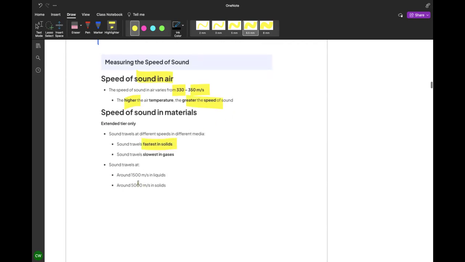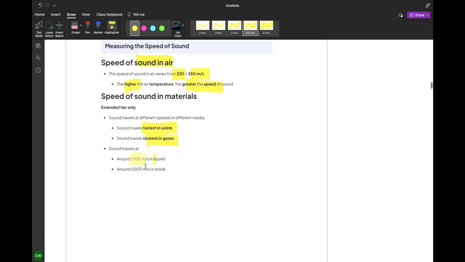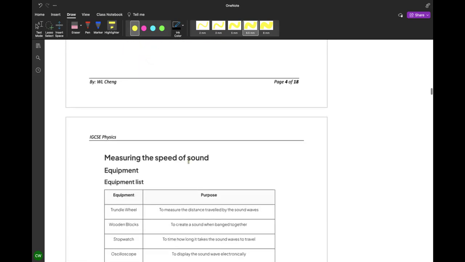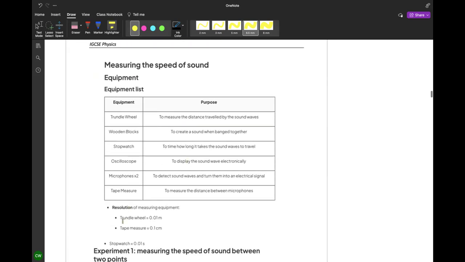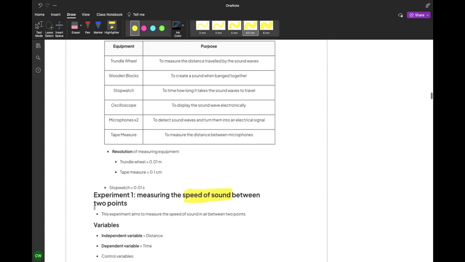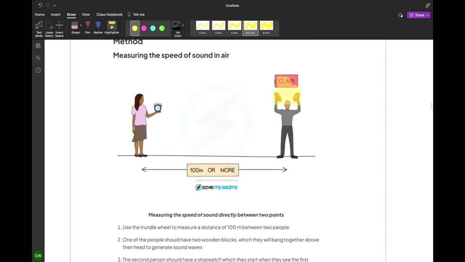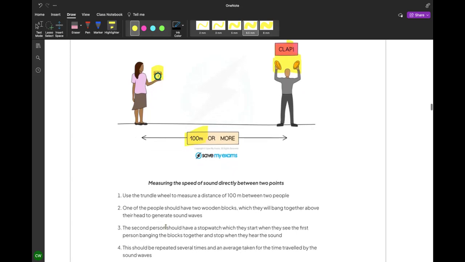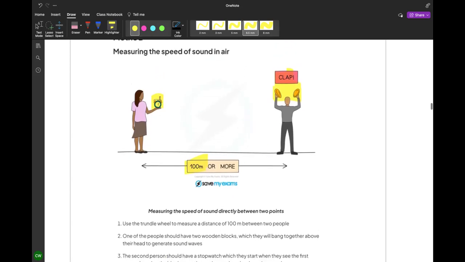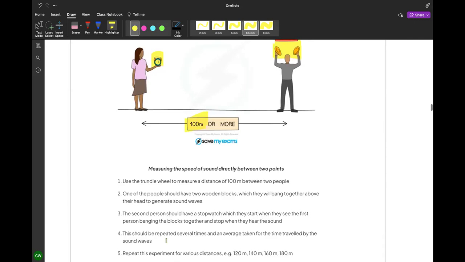Sound is faster in the solid than in the liquid. Solid is fastest, slowest in the gas. In the liquid 1005, in the solid 5000. Then measuring the speed between two points: one person claps, one person holds the stopwatch, measure 100 meters. Then when you see the clap, you start taking the time.